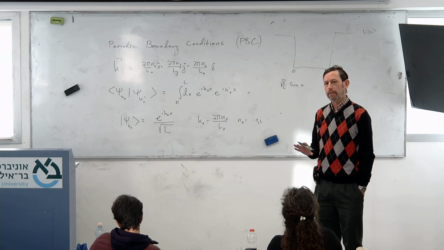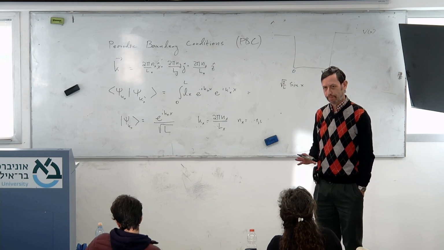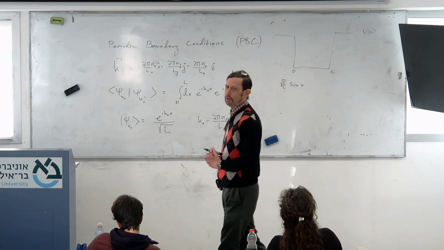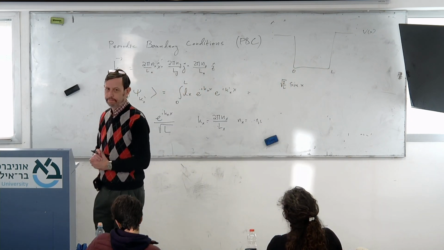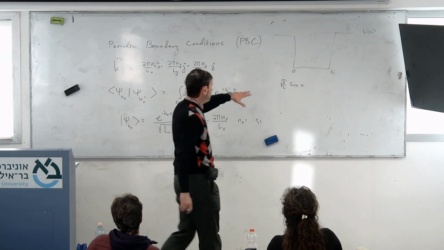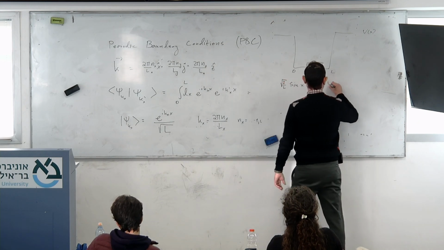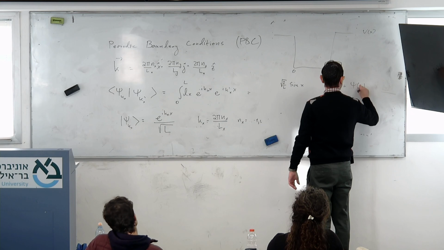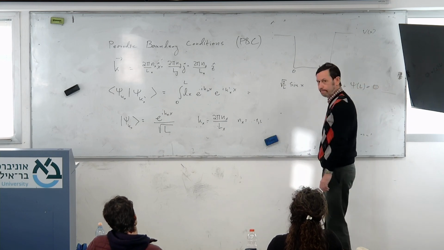I can explain it in two different ways. Now that we know the eigenfunctions of momentum. One, I want psi of 0 to be equal to psi of L, and to be equal to 0.